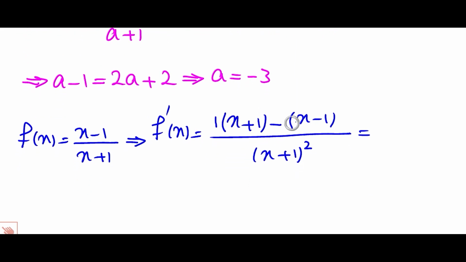So x minus x cancel, so 1 minus negative 1 is equal to 2 over x plus 1 squared.